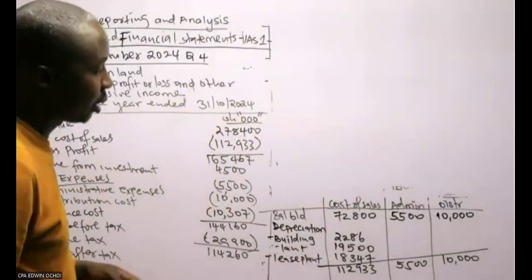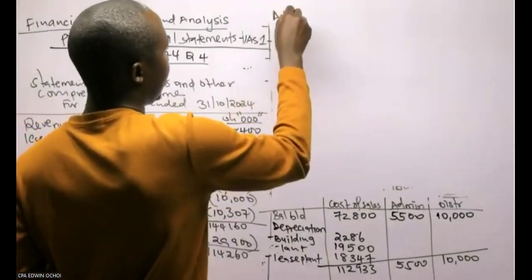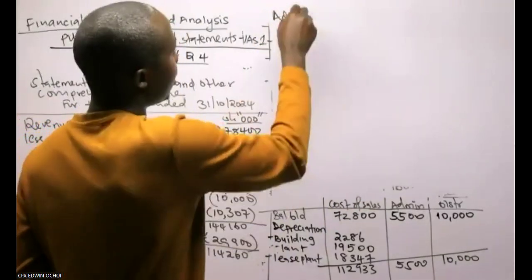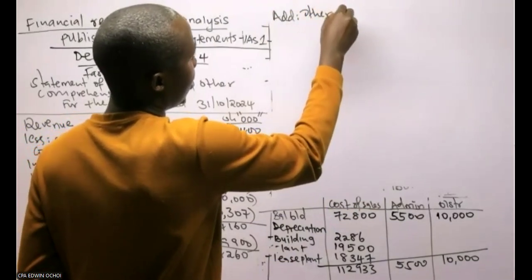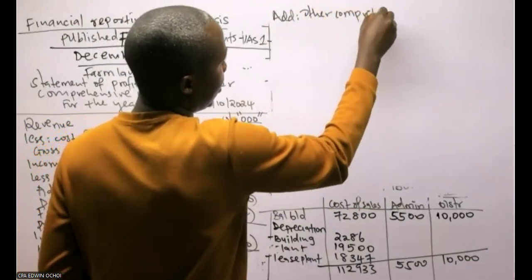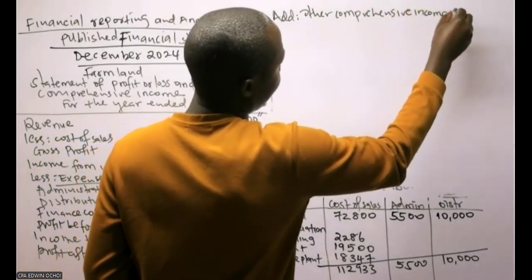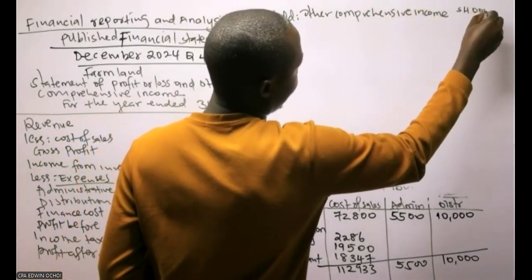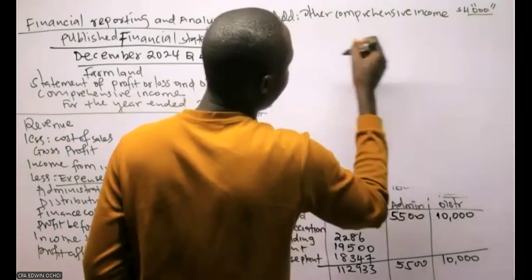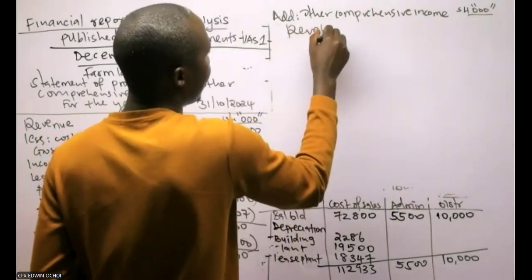Add other comprehensive incomes. We have revaluation gain.